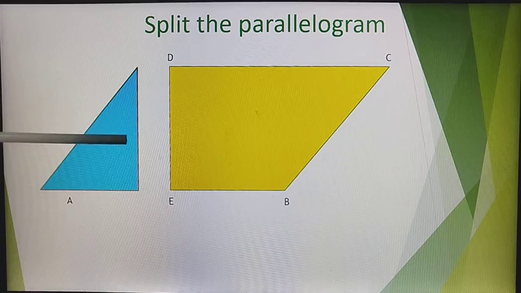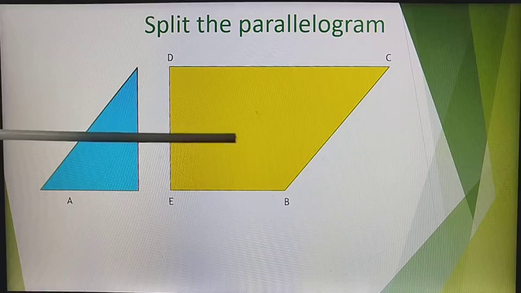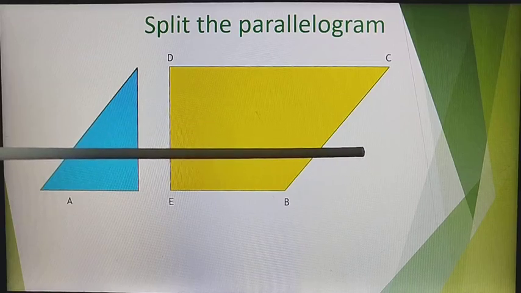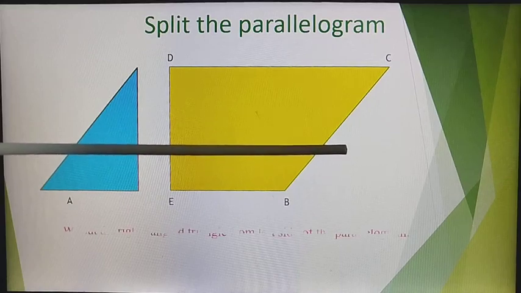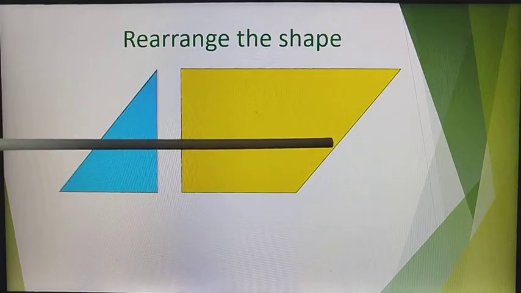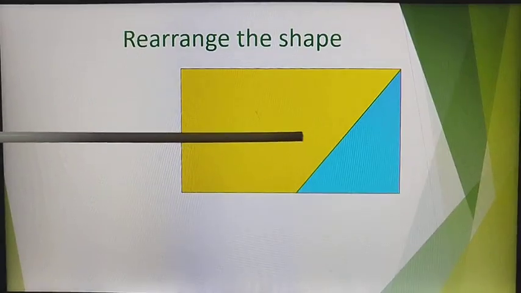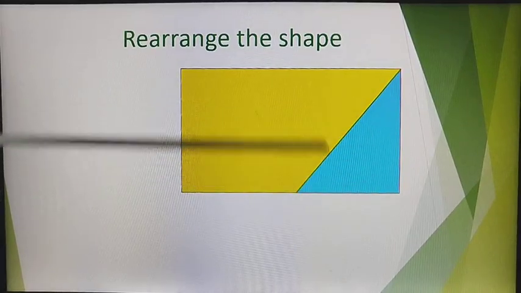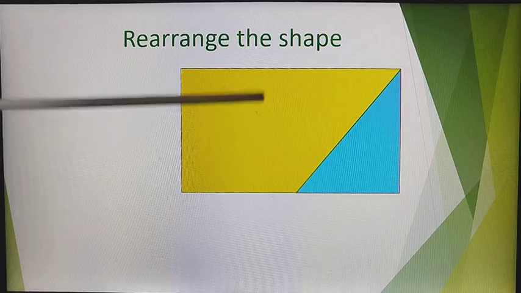So next step, I'm going to move the triangle from the left hand side to the right hand side. When I move it to the opposite side, it is going to form a new shape. So now let's see. Okay, so now I have a new shape, and this shape is a rectangle.